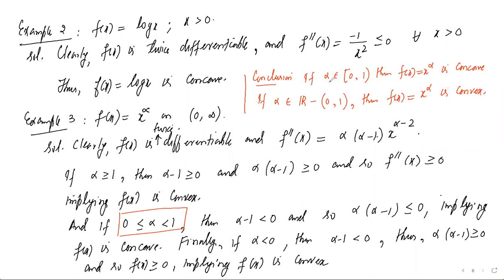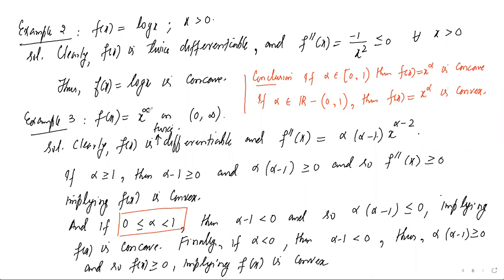So therefore, when alpha belongs to this domain, then it is a concave function, while x is a positive real number. And if alpha belongs to R minus the open interval 0, 1, then it is a convex function. In fact, alpha is 0 here, and alpha is also 0 here.